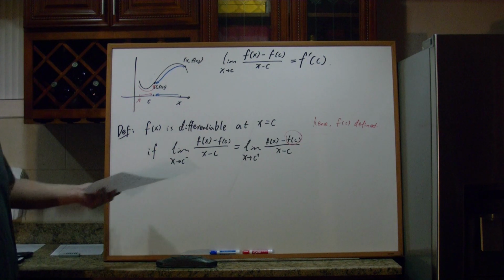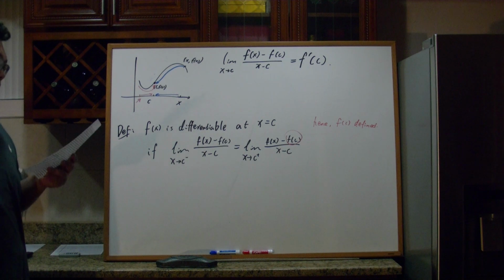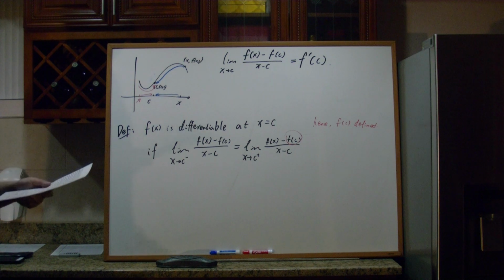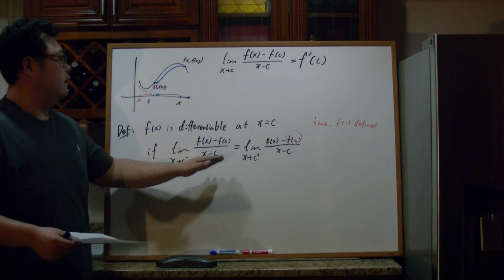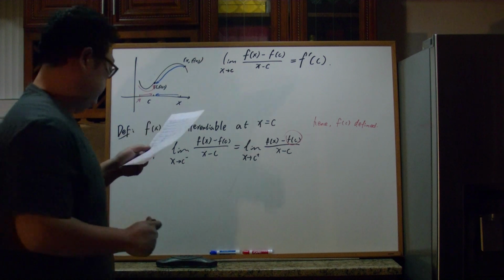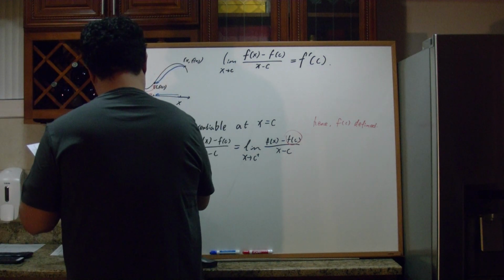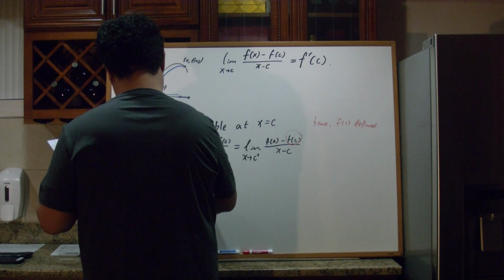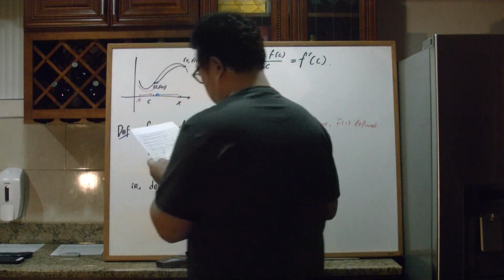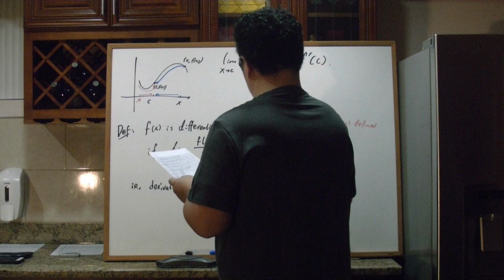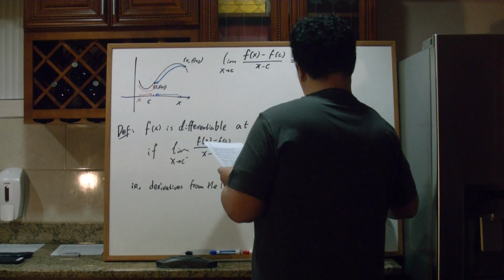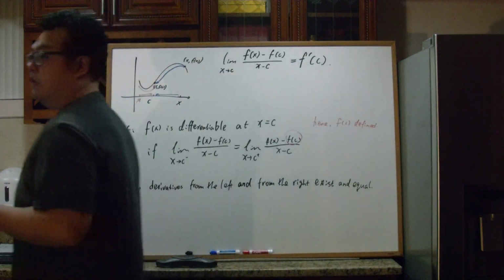And maybe we are able to find that the left and the right derivatives are not the same. That means it's not differentiable. But if the limits from the left and from the right exist and are equal, then it is differentiable at x equals c. In other words, they need to exist and be equal.